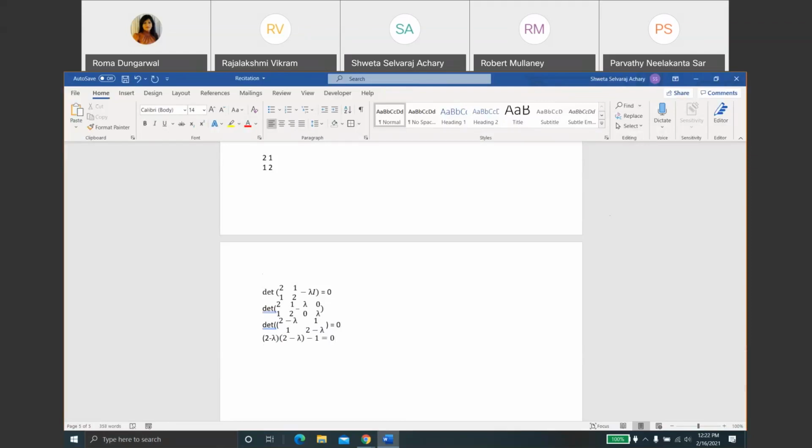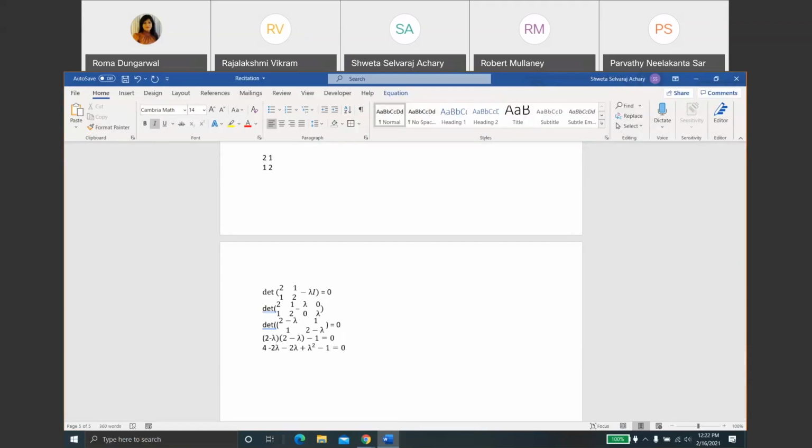When you open this up, how do you multiply two brackets? 2 into 2 is 4, minus 2 lambda, minus lambda into 2, minus 2 lambda, plus lambda into lambda, which is lambda squared, minus 1 will be equal to 0.